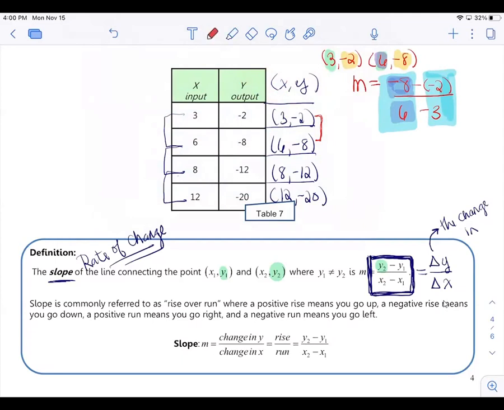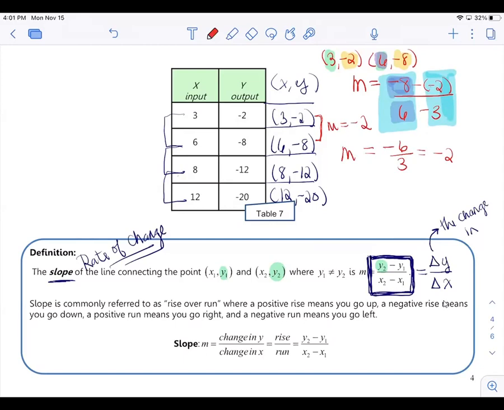So now if I clean that up, -8 minus a -2 becomes -8 plus 2, so I get -6 over 3. What's -6 divided by 3? -2. Good. Okay. So far I got my slope between these 2 points is -2.